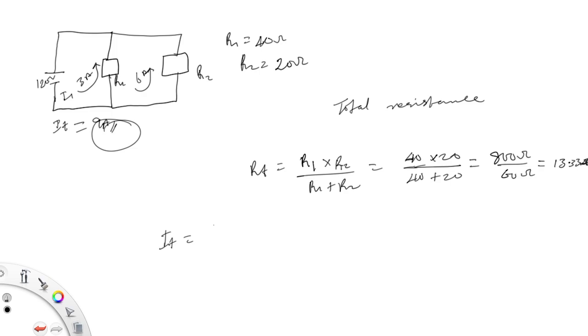To prove that we're right, we would just say 120 all over 13.33. If you do that, you would get 9 amperes. So it means we are correct.